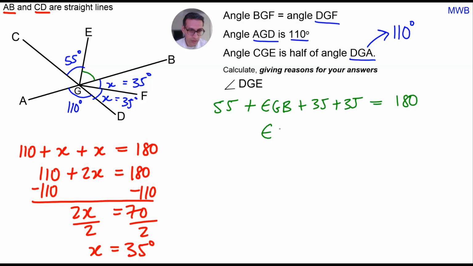So that's 70 plus 55, which is 125 degrees. There's your answer. And the reason for this is angles. This last bit doesn't have a reason, it's just adding angles up. But the green and the red is just angles on a straight line summed to 180.